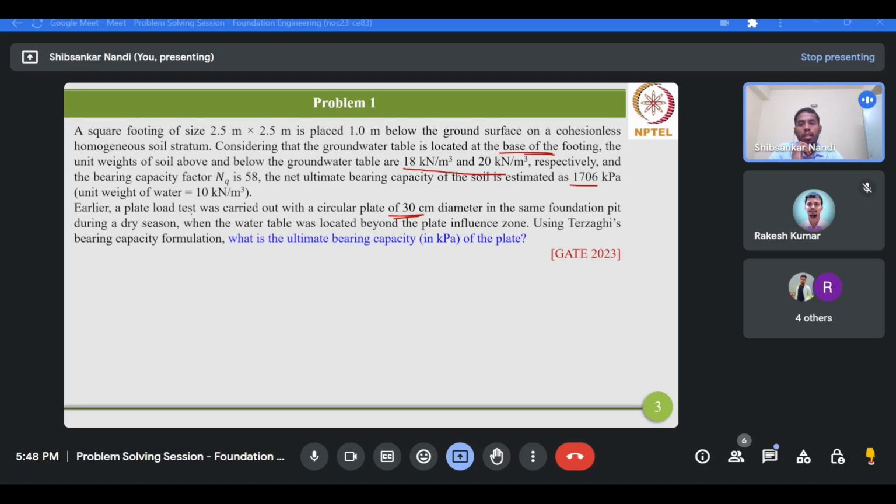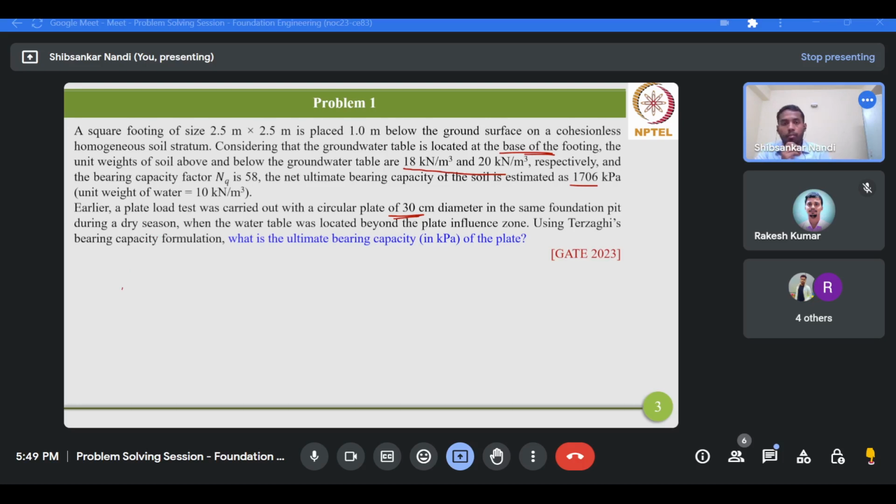So the test was basically conducted during a dry season. So this is one change in the water table location between these two scenarios. So accordingly, you have to determine the ultimate bearing capacity of the plate. Okay, so we'll see how to calculate.